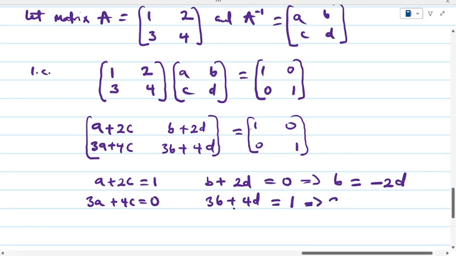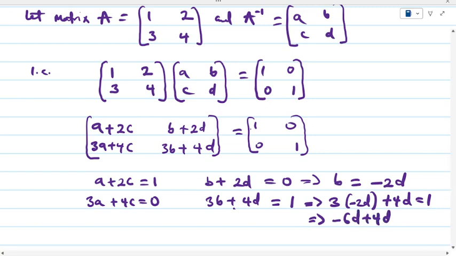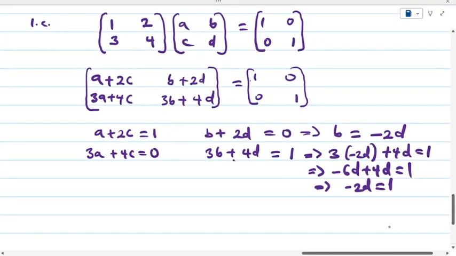I'm going to have 3 times minus 2d plus 4d equals 1. That is minus 6d plus 4d, which is minus 2d, equals 1. Then I have d equal to minus a half.